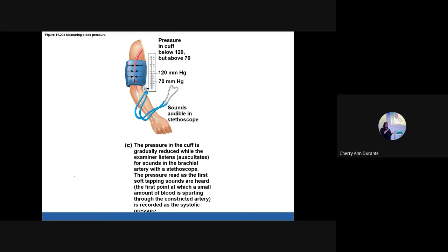So the audible sound in the stethoscope is known as your Korotkov sounds. So yung pinakaunang Korotkov sound, that will be your systolic. And then yung pinaka-last na audible, it's the diastolic.